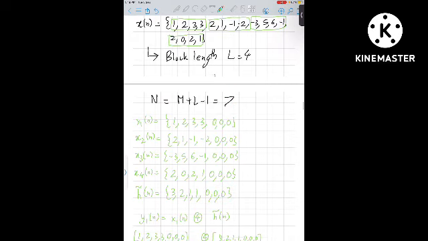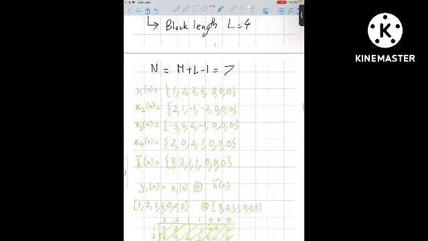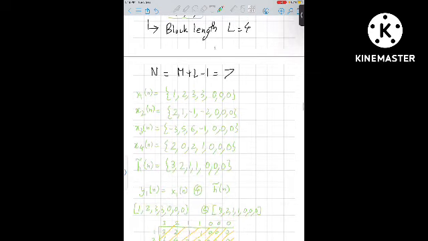Let's do the linear convolution sum. 3, 2, 1, 1, 0, 0, 0.